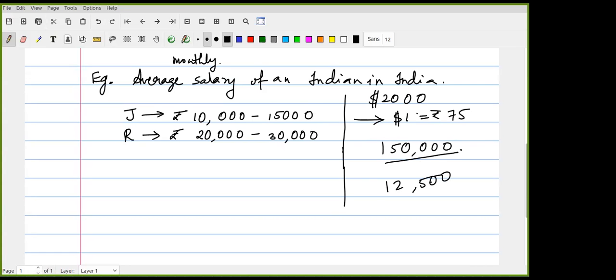Yes, if my calculation is correct, yes. This is correct, right? But now when we say 12,500 rupees per month, this is the average salary, right? Does that mean the salary of every person in India is 12,500 rupees?